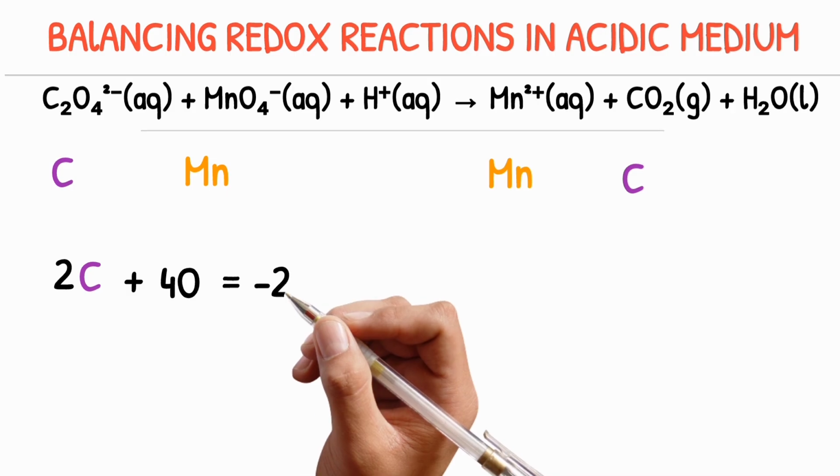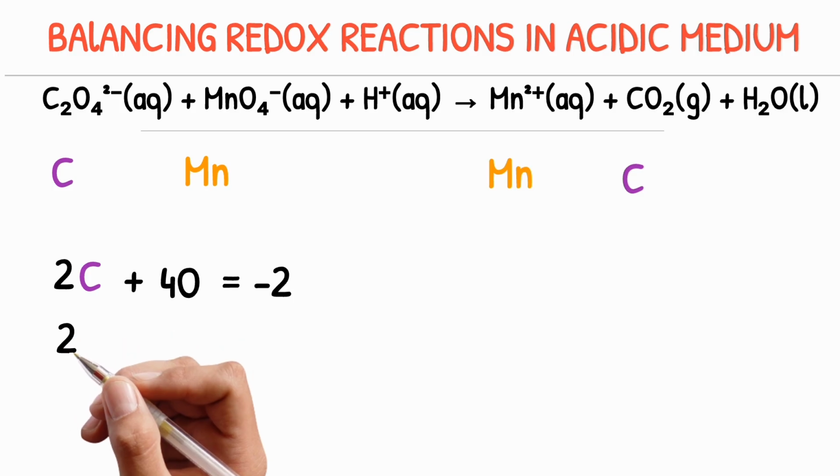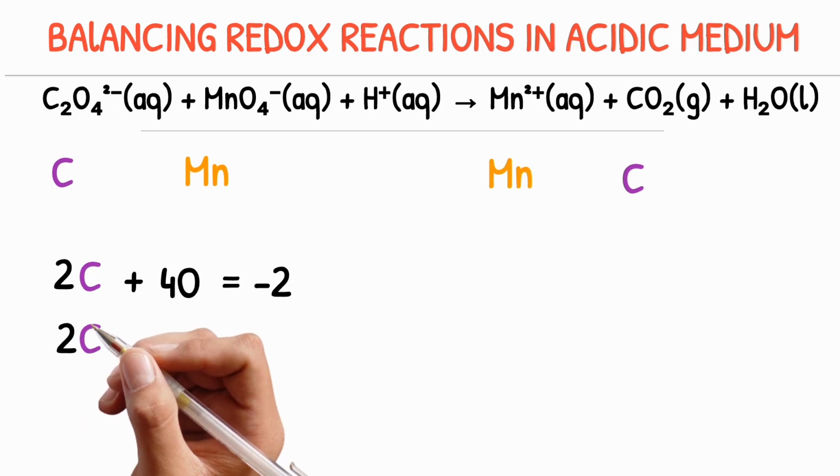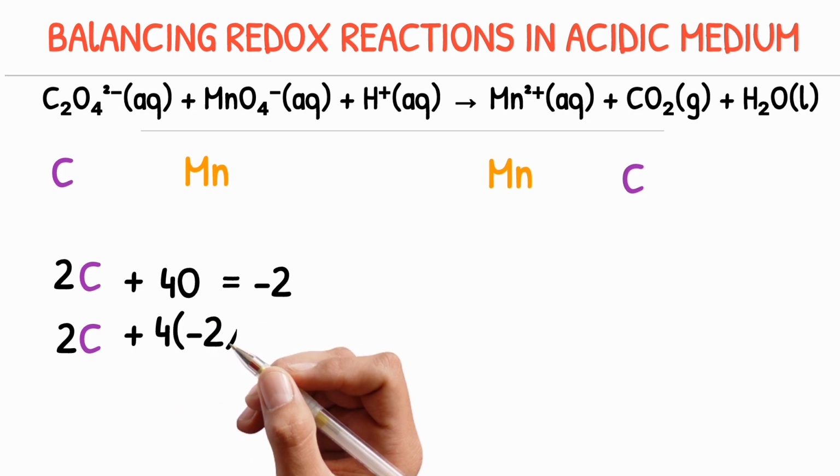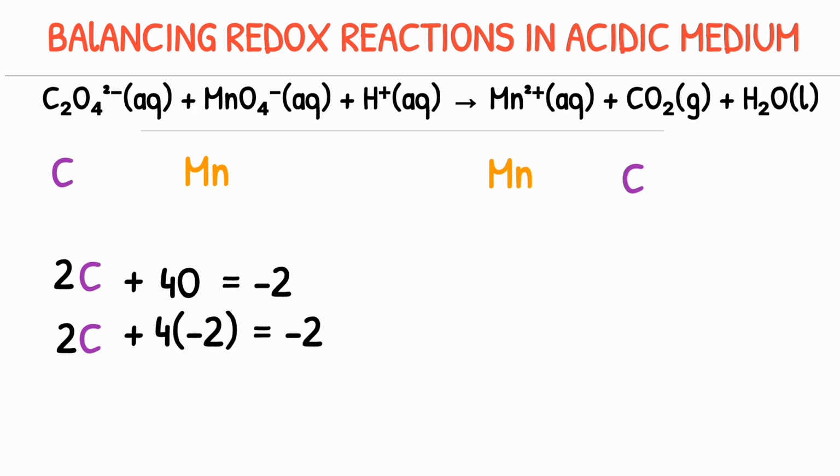Remember that we are still trying to calculate the oxidation state or the oxidation number of carbon in this compound. Also recall that I had previously stated that the oxidation number of oxygen in all its compound is -2. So we are going to substitute -2 in the place of oxygen and we still equate to our charge.